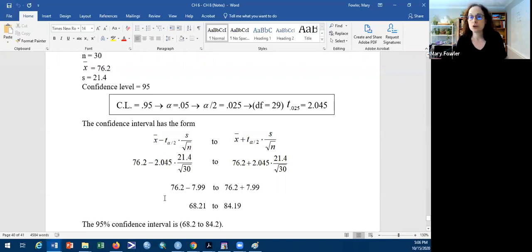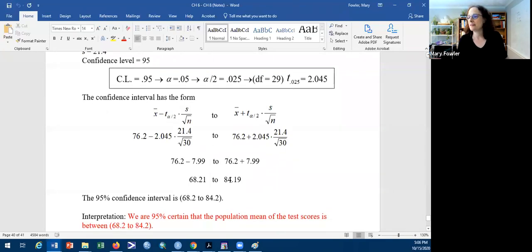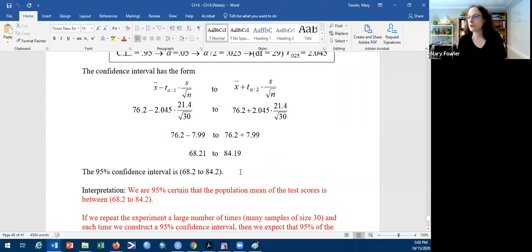So it's 76.2 minus 7.99 to 76.2 plus 7.99. And this is our confidence interval here, 68.2 to 84.2. And we interpret the interval. We are 95% certain that the population mean of test scores is between 68.2 and 84.2.